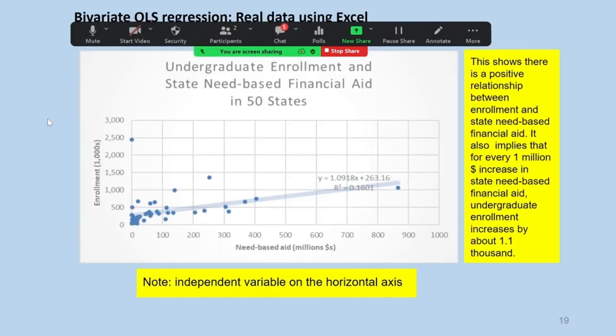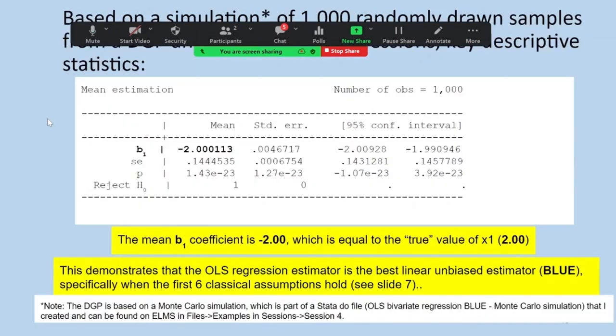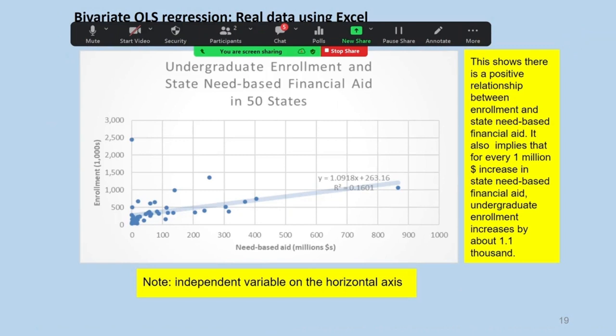Okay. So now here is a depiction in a graph. This shows enrollment here and need-based aid here in the millions. This is in thousands.